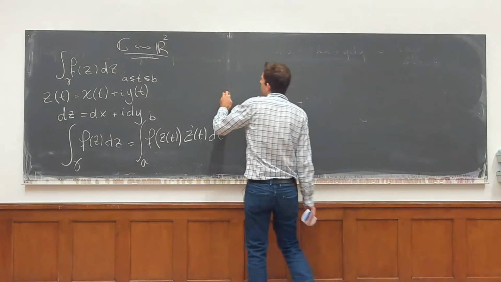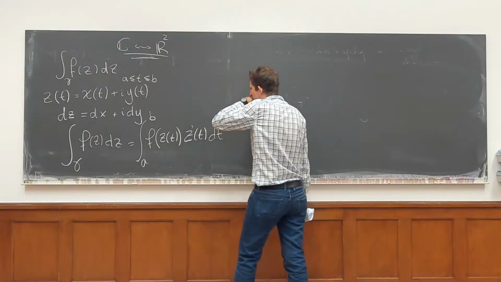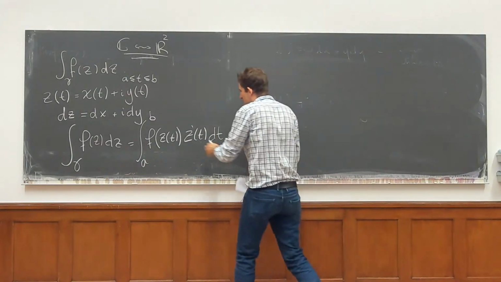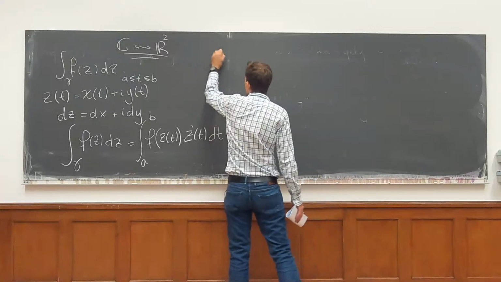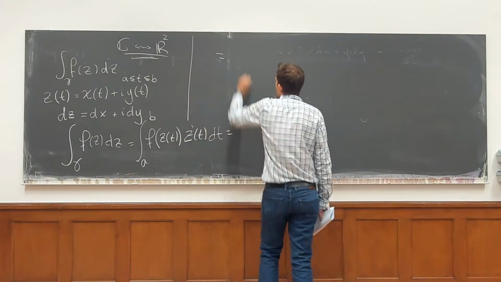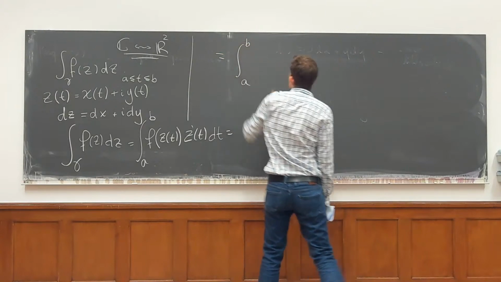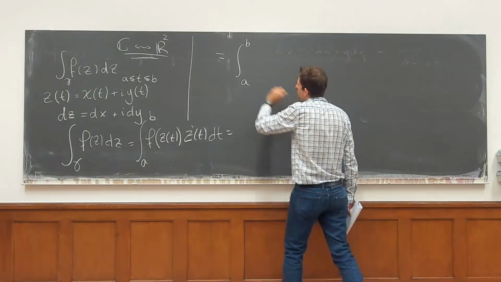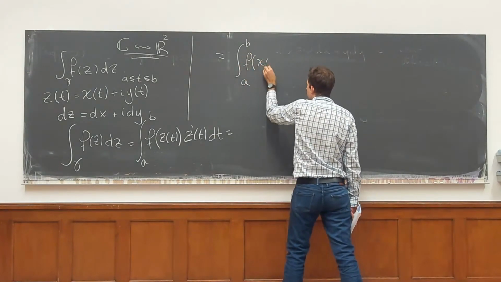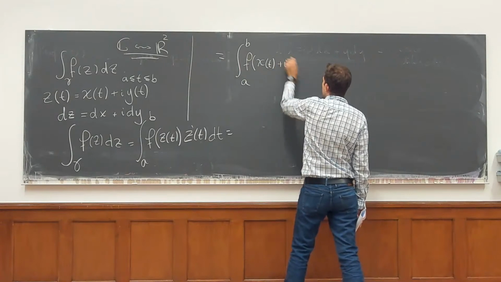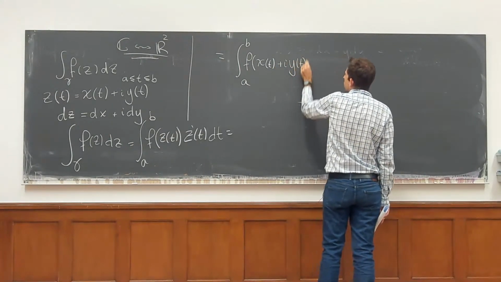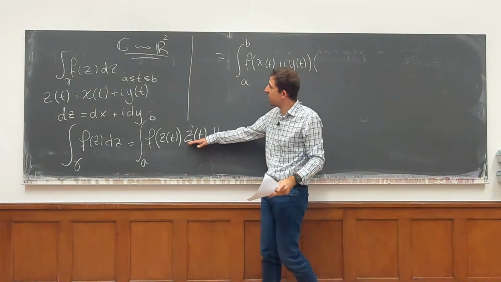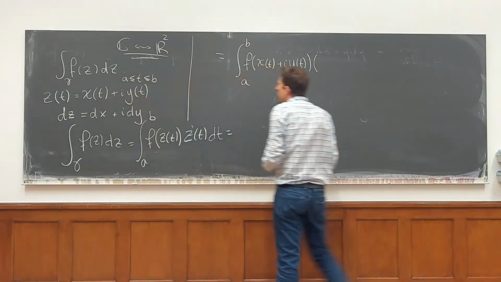Of course, this is also equal to the integral of f of z(t), and then what is z'(t)? It's clear, it's just x'(t) plus i y'(t).